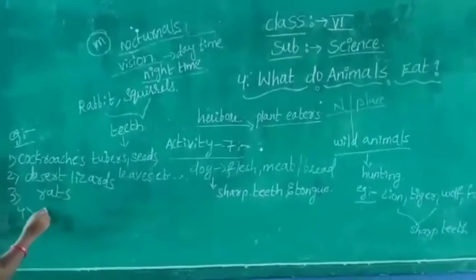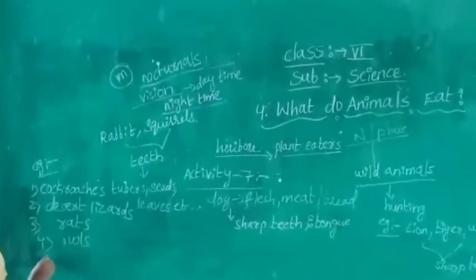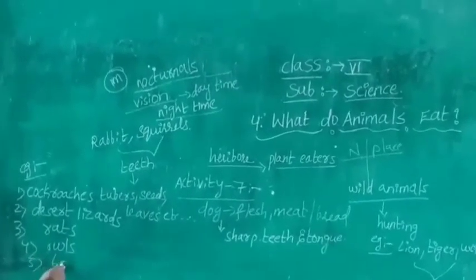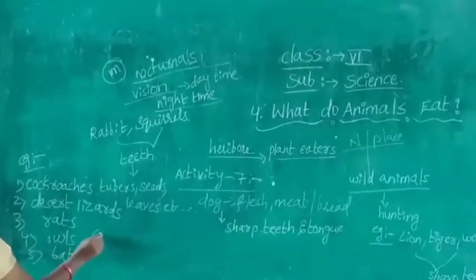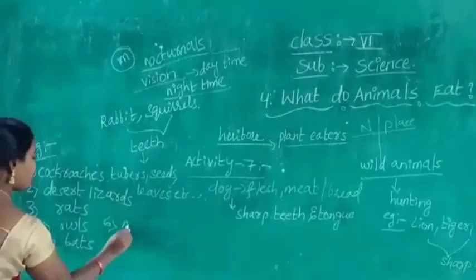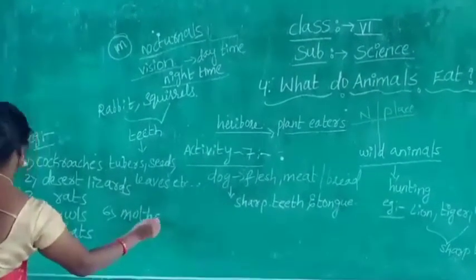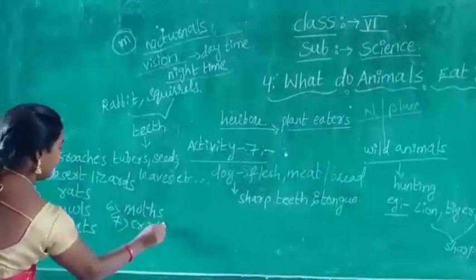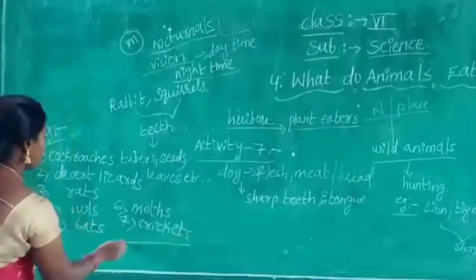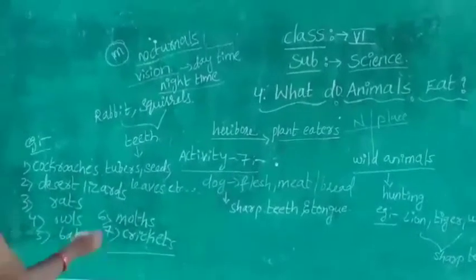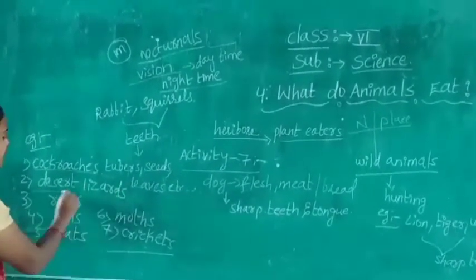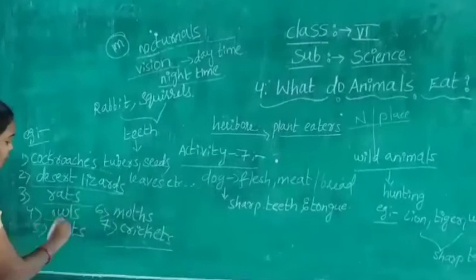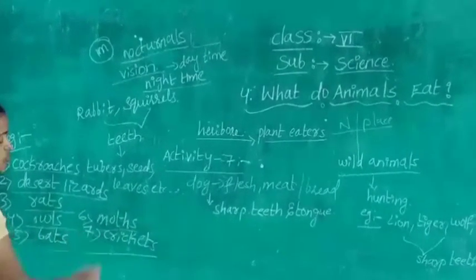Fourth one, owls. Fifth one, bats. Sixth one, moths. Seventh one, crickets. So the examples of nocturnals are cockroaches, desert lizards, rats, owls, bats, moths, crickets.